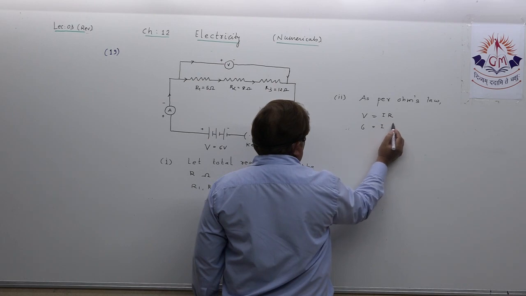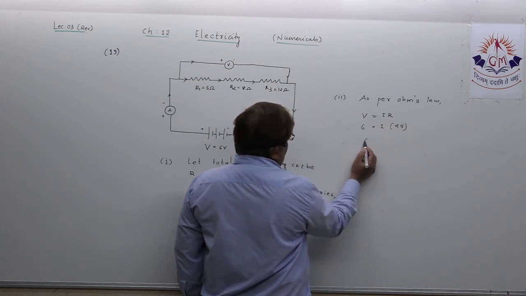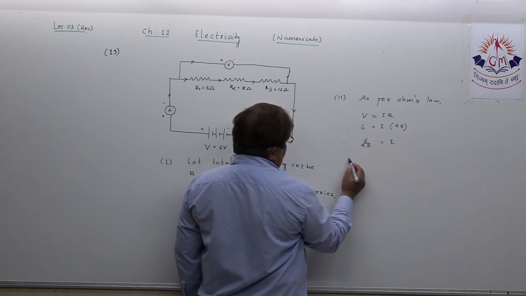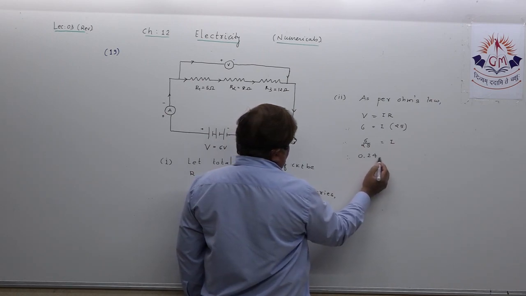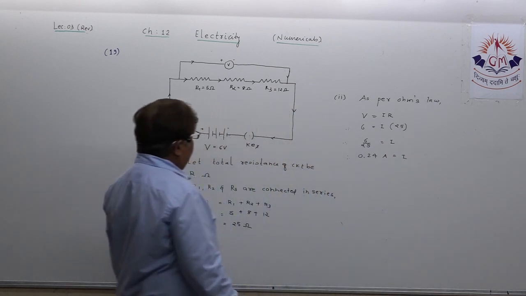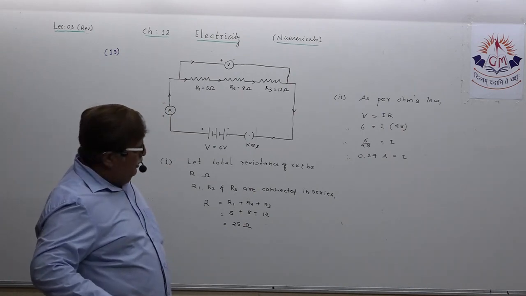I we have to find, total resistance you know. So 6 upon 25 equal to I. So this turns out to be 0.24 ampere.